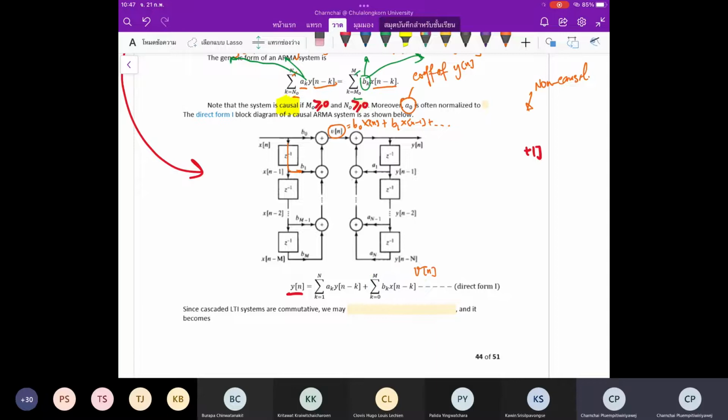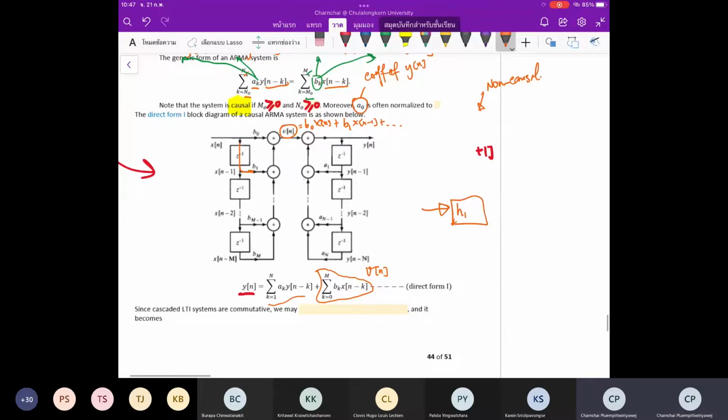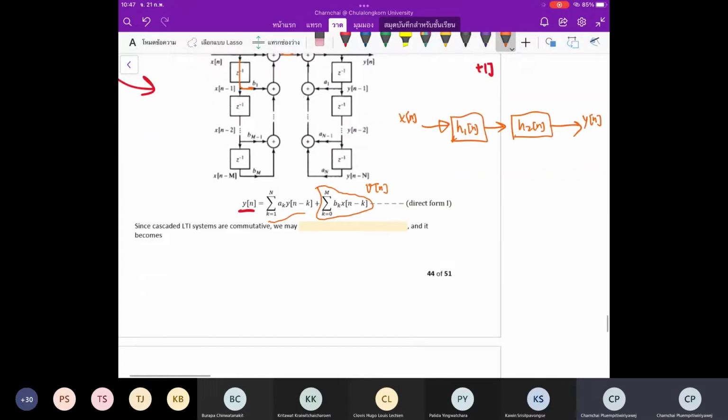And this part is the autoregressive part. However, we learned previously that if you have subsystem H1 cascaded with H2, with input Xn and output Yn, what can you do?